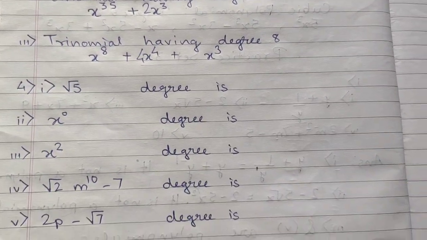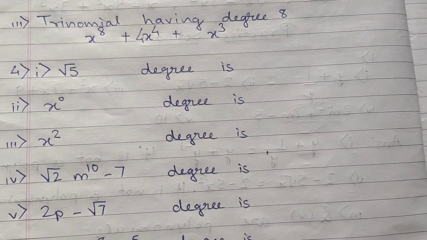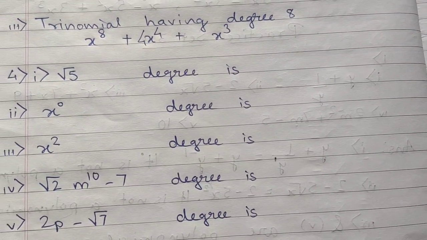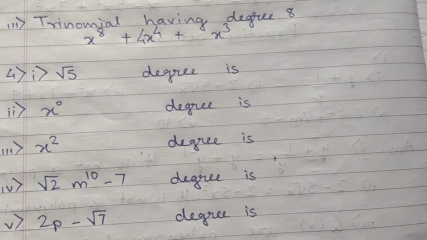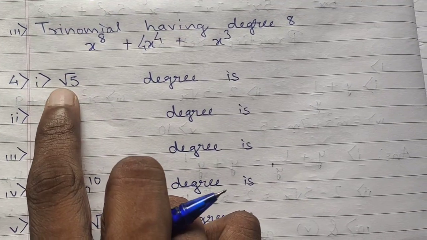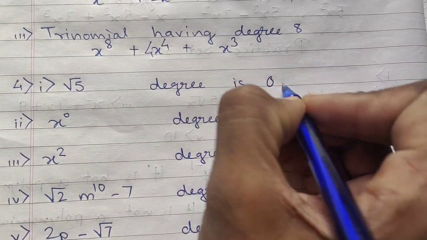Okay, now the fourth question. In the fourth question you have to write the degree. Now whenever there is a variable, then you will write the power of the variable. But if the variable is not there, that means your degree should be 0. Now in this case, the variable is not there, so the degree is 0.